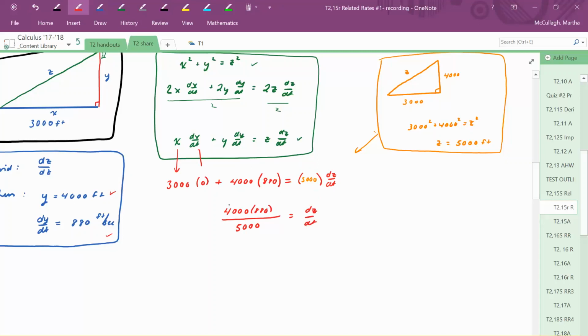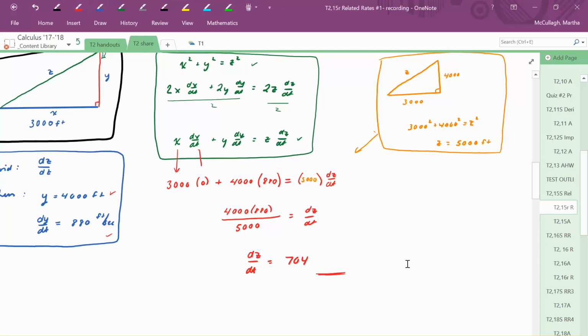So doing some canceling or grabbing a calculator, I come up with dz dt is equal to 704. But I need to think about units.